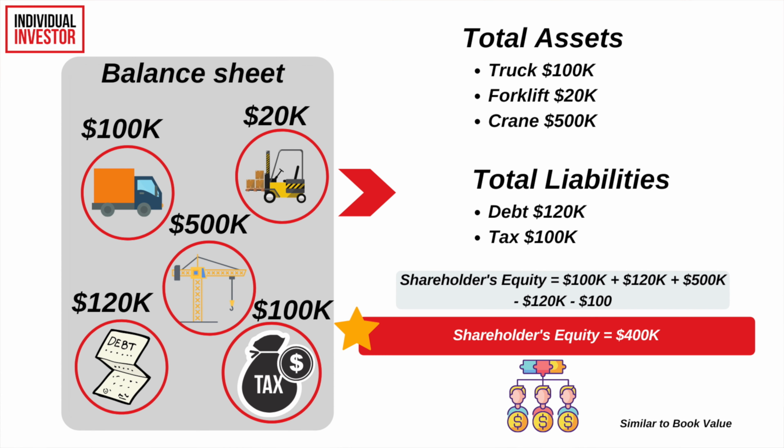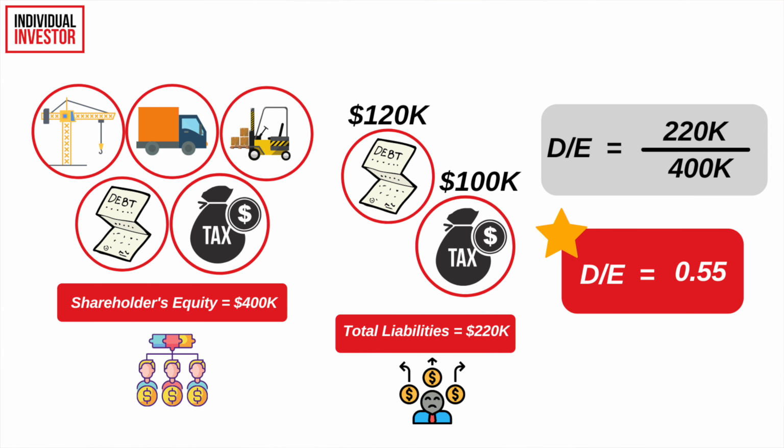All right, here we have a straightforward balance sheet with some assets and some liabilities. The first thing we've got to do is calculate the shareholders' equity, which can be calculated by adding all the assets and subtracting all the liabilities. If we do that, then we end up with 400K. Next, we have here the shareholders' equity that we previously calculated. Now we take only the liabilities and we add them up.